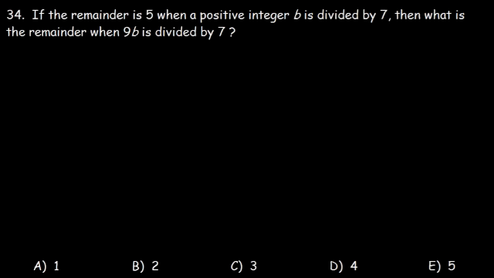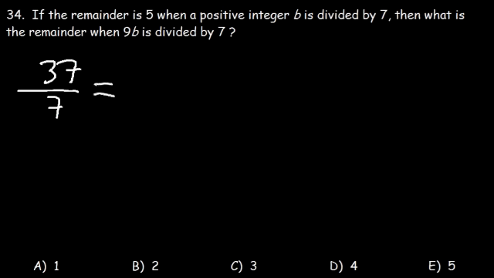34. If the remainder is 5 when a positive integer b is divided by 7, then what is the remainder when 9b is divided by 7? So before we solve this problem, let's go over an example situation. Let's say we wanted to divide 37 by 7.